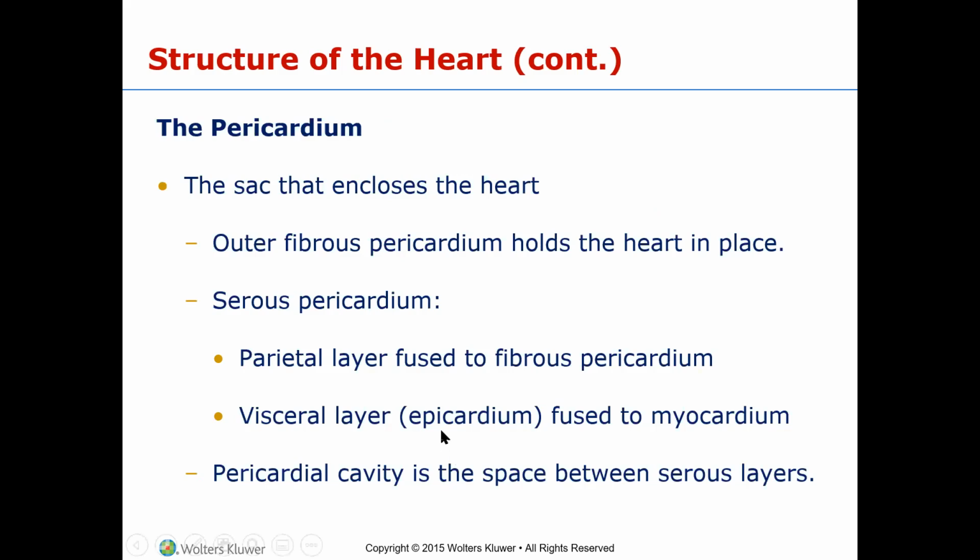And then you have the epicardium, which is around the heart, and it's fused to the myocardium, which is that heart muscle. And then you have the pericardial cavity, which is the space between those two layers.